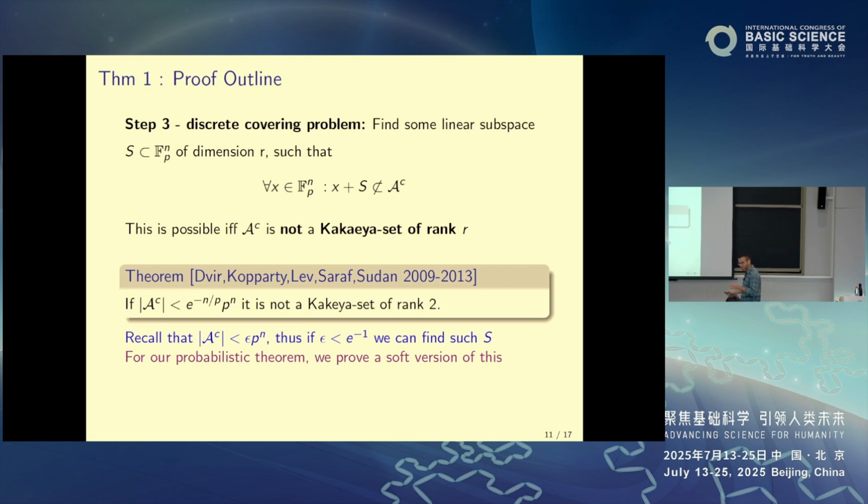The fraction of p to the n you get vanishes with n. I think it was e to the minus n times p to the n. This is not good for us. Dvir's breakthrough was that the fraction does not vanish with p, right? For us, it's not enough. We also don't want it to vanish with n. So r equals 1 doesn't work. r equals 2 already works.